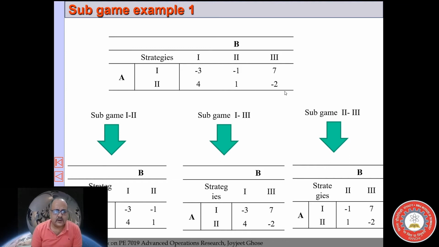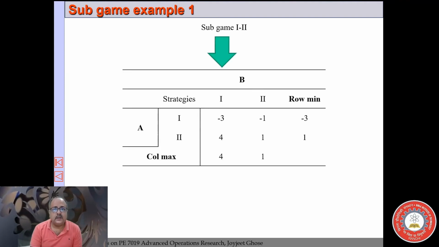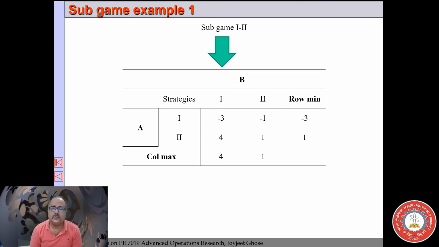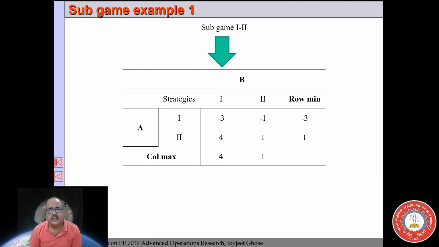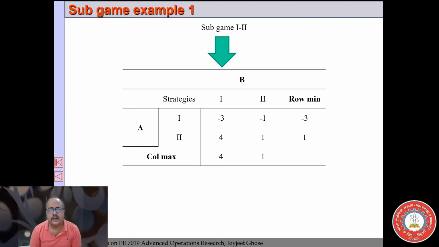So we'll start solving subgame 1-2. For each subgame, remember very carefully, you will try to find the saddle point. That is very important. Do not proceed, I repeat, do not proceed without finding the saddle point. If there is no saddle point, that means it is a mixed strategy game, and then you will solve it by other methods.